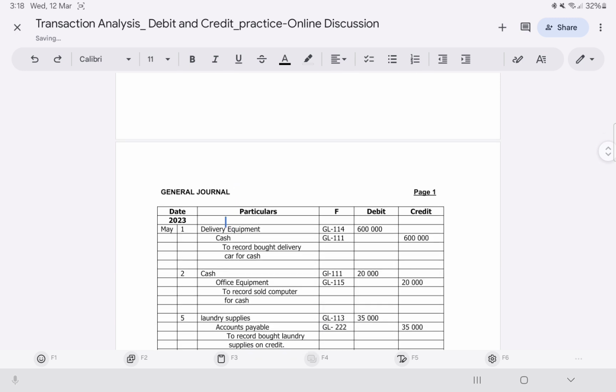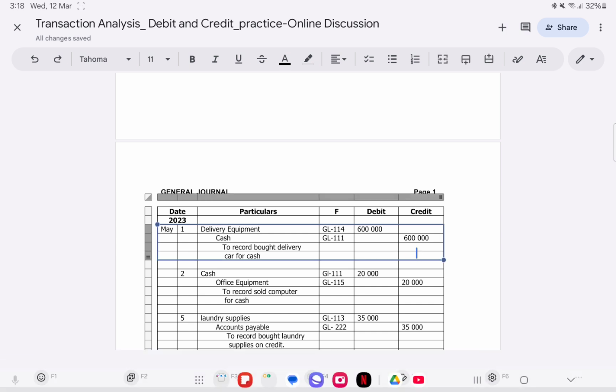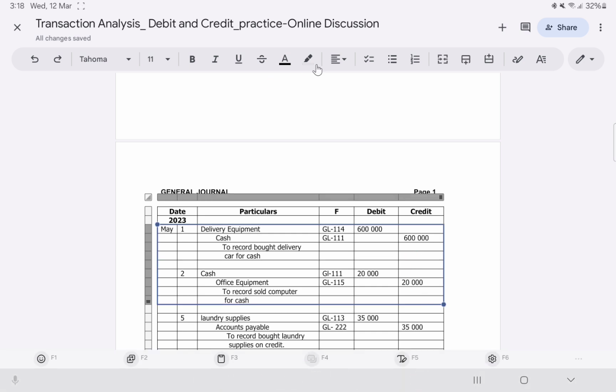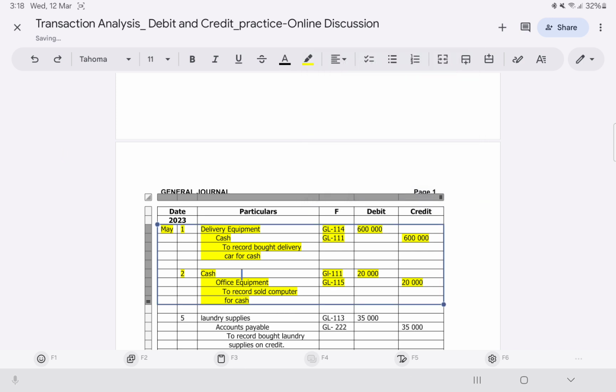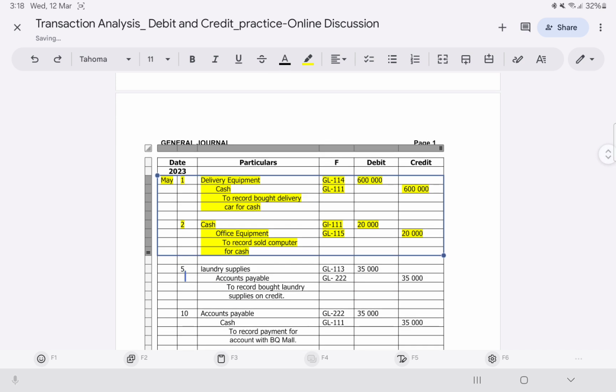Okay, I'm going to highlight all those transactions that are done, so I won't be confused. Let's proceed to the May 5 transaction. We're not yet done with transaction number 2, because I wasn't able to post the office equipment to the general ledger.